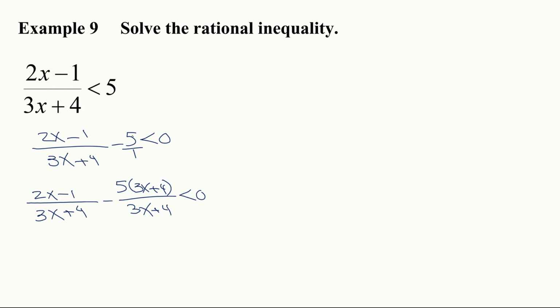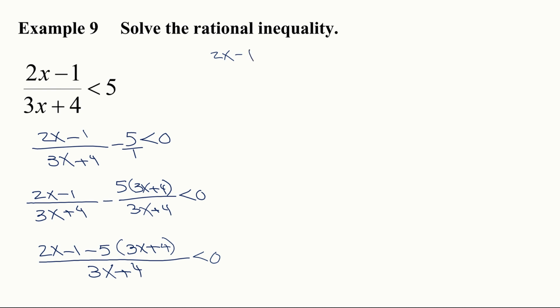So now we basically have just 3x plus 4 for the common denominator, and we have 2x minus 1 minus 5 times 3x plus 4. Don't forget your parentheses. Is less than 0. So we have 2x minus 1 minus 15x minus 20 over 3x plus 4 is less than 0.